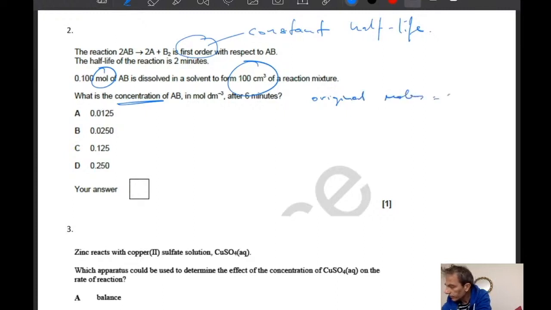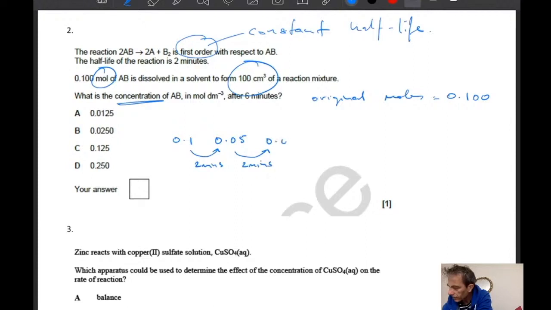is 0.1. I've just got a number line here, so 0.1. After 2 minutes, this is your first half-life. After 2 minutes, the moles, sorry, not the concentration, the moles, is going to go down to 0.05. After another 2 minutes, so we're at 4 minutes now, that's 2 half-lives, isn't it?